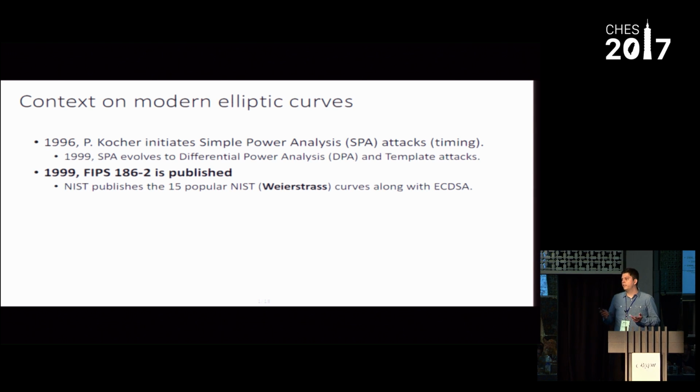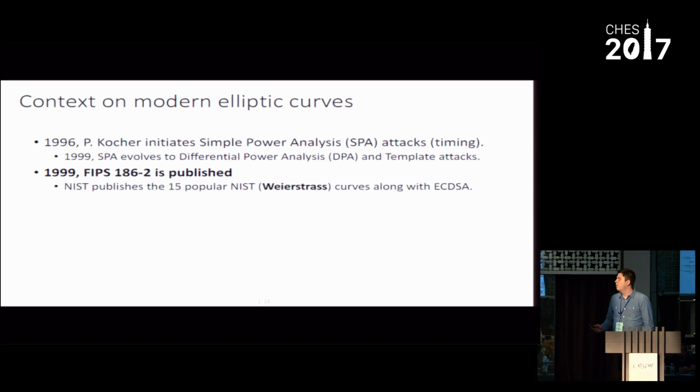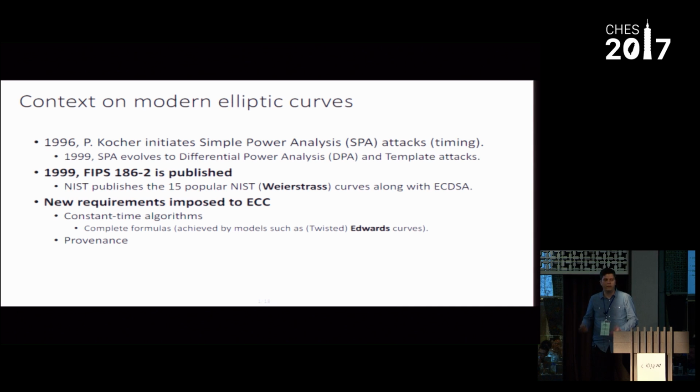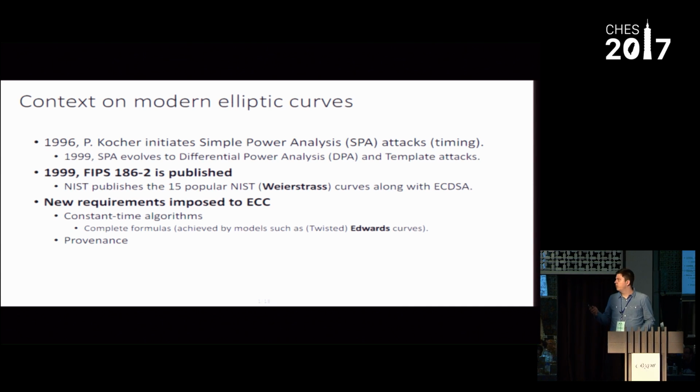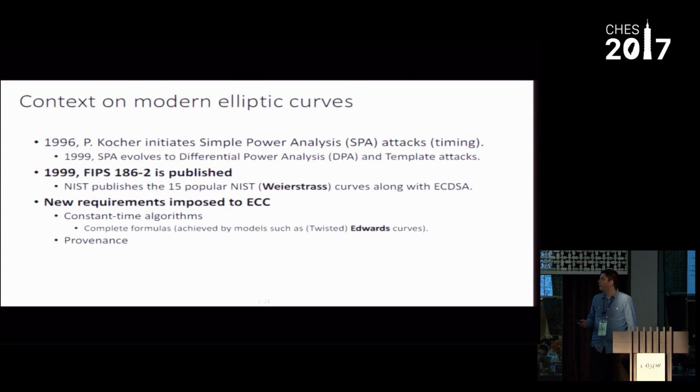If you look at the standards, they didn't take these new attacks into account in the design of these curves. These attacks imposed new requirements for designing good elliptic curves, including constant time algorithms. At that time, NIST used a model of Weierstrass curves, which didn't have complete formulas.